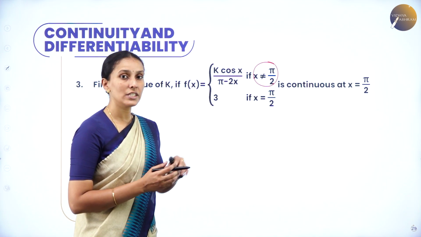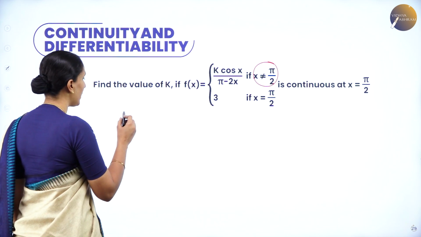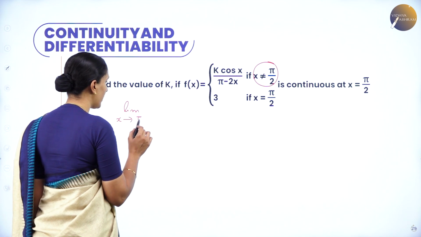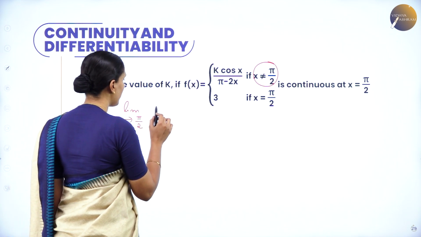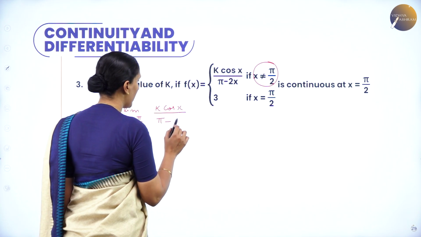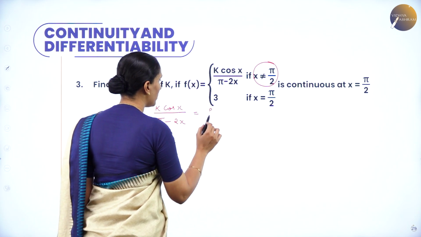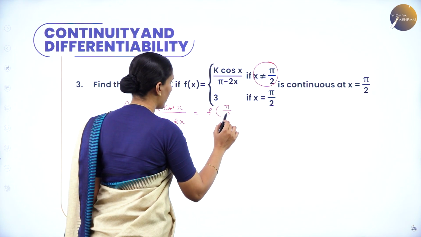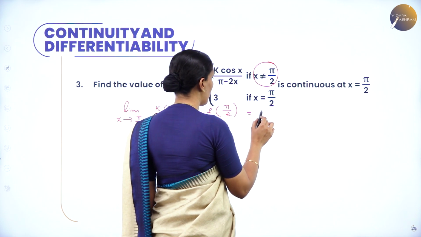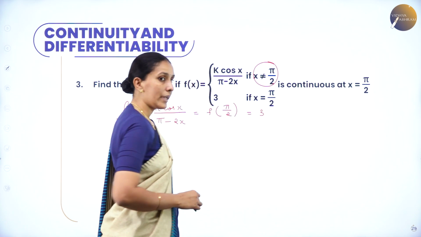So therefore there is no need to write left hand limit as well as right hand limit. Now since the function is given as continuous, we can directly write the limit as x close to pi by 2 of k cos x divided by pi minus 2x will be equal to the functional value at pi by 2. Now what is the functional value at pi by 2? That is f of pi by 2 is 3.